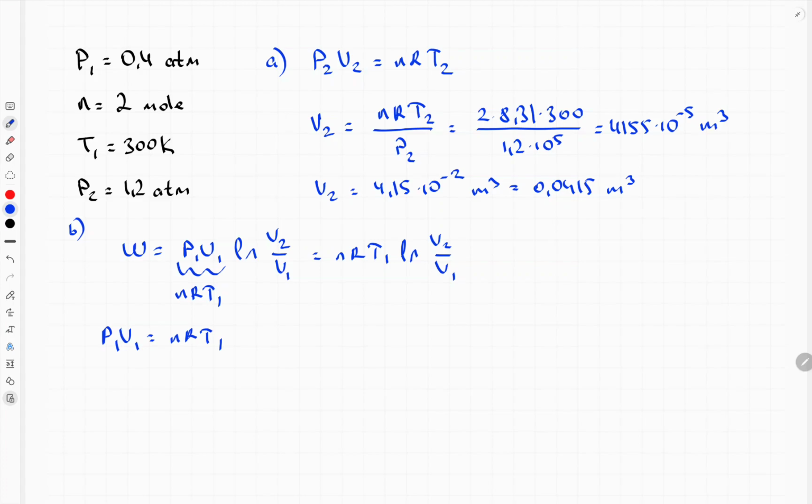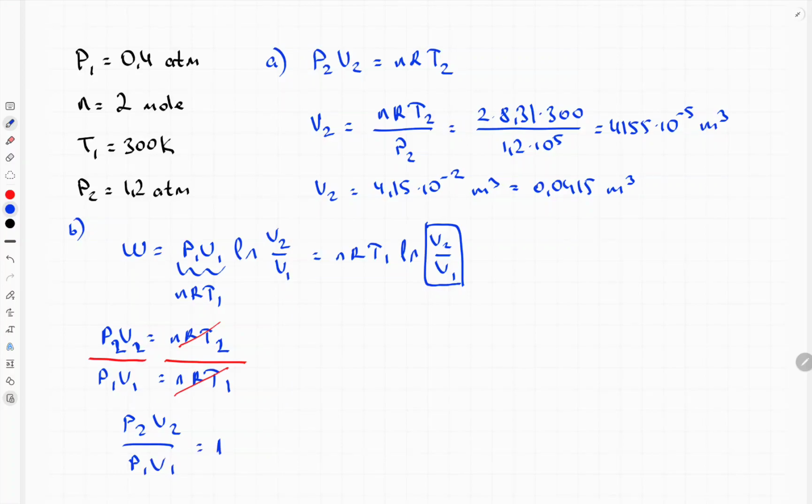But I don't want to calculate V1, I want to calculate the ratio directly. Let me write it this way: P2 V2 = nRT2, and P1 V1 = nRT1. We can divide these two equations. This part is totally the same because the temperature is the same, which means P2 V2 over P1 V1 equals 1.